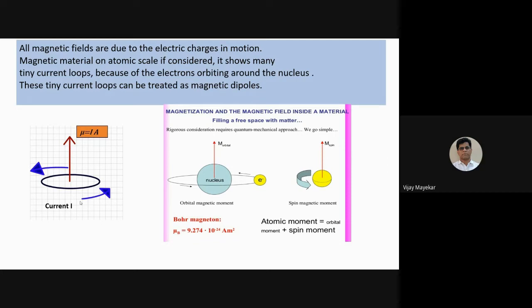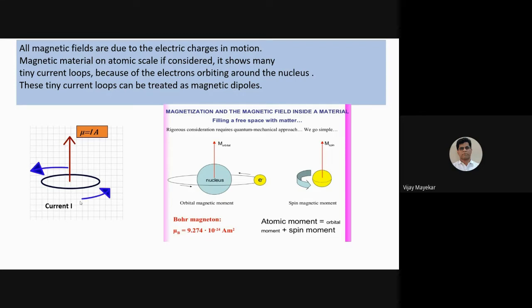Employing that current and the area, how far it is moving, we'll get the magnetic moment. So we are treating this tiny current loop as a small magnetic dipole.